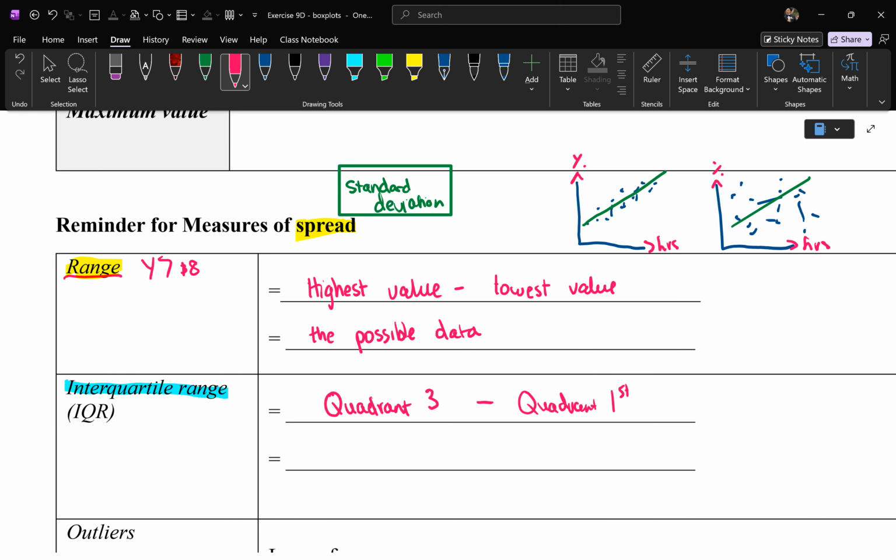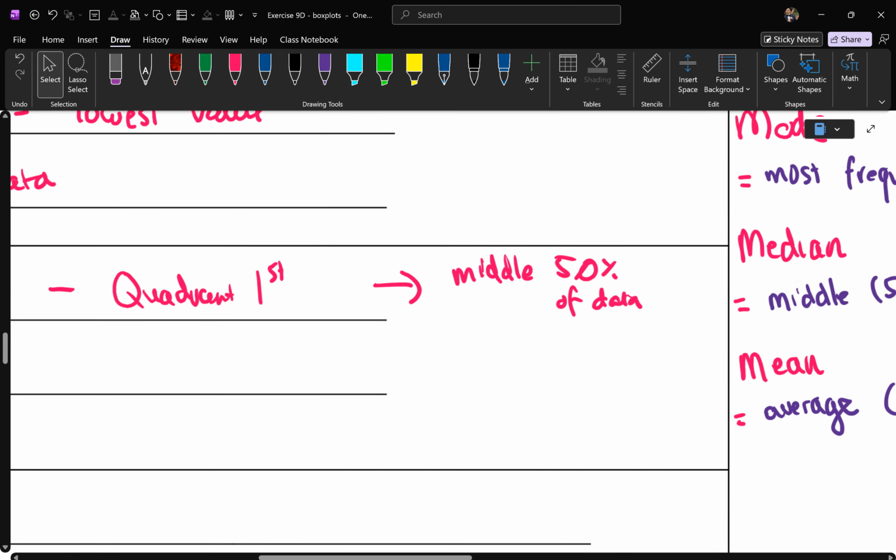Interquartile range, yes, is the third quartile, Q3, minus the first quartile, Q1. What does it mean again? The middle 50% of the data. This gives you the middle 50% of data. Now, how did Sean come about to that idea?